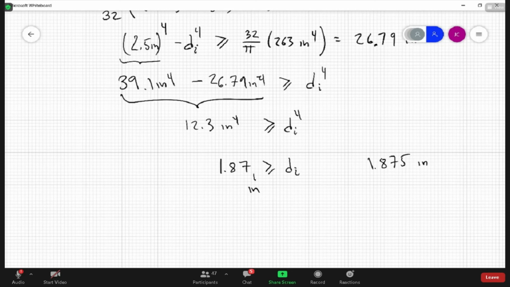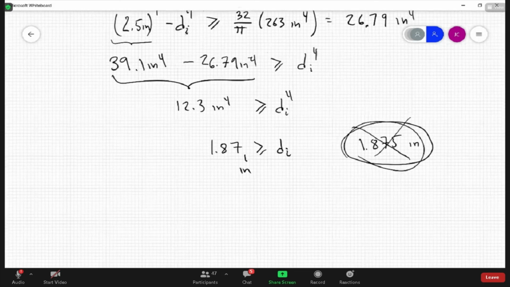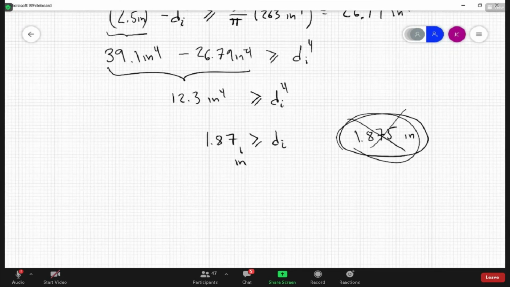But the problem with that is di has to be less than this number, and that doesn't work. So we need to round down another eighth of an inch. That's going to give me 1.75. So that's the correct answer.